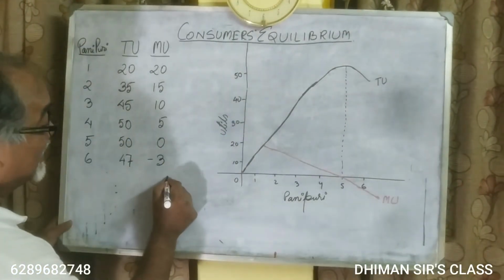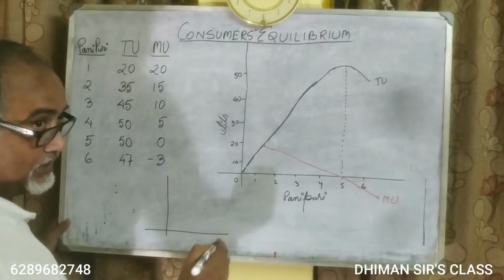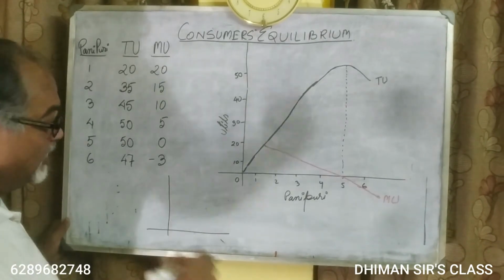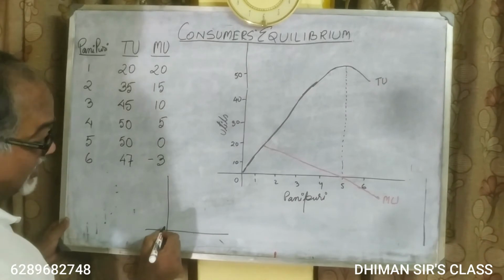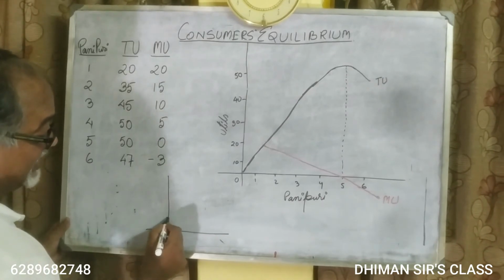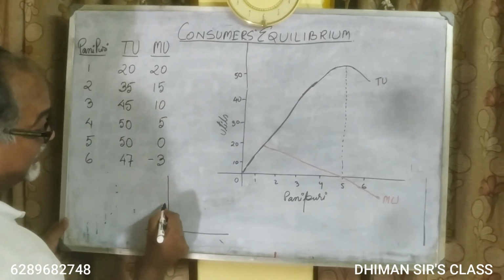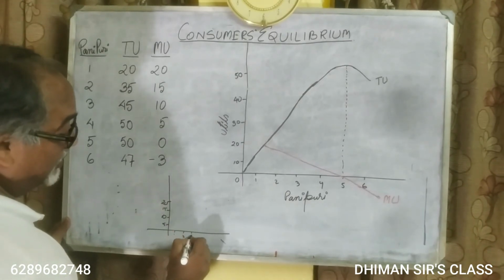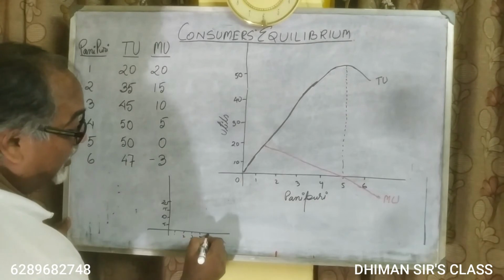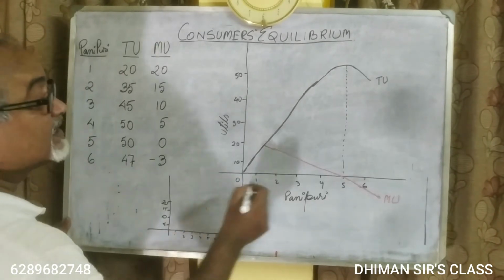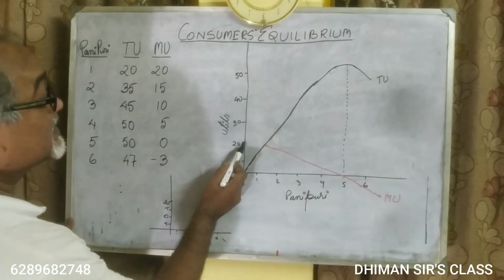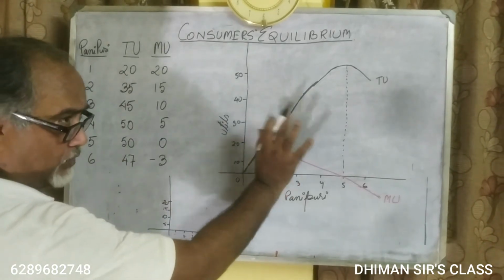Let me draw the diagram for law of diminishing marginal utility. See here, you will say 5, 10, 15, 20, and 1, 2, 3, 4, 5, 6. Okay? Now 20. Let me start from, I'll come to this graph, don't worry.